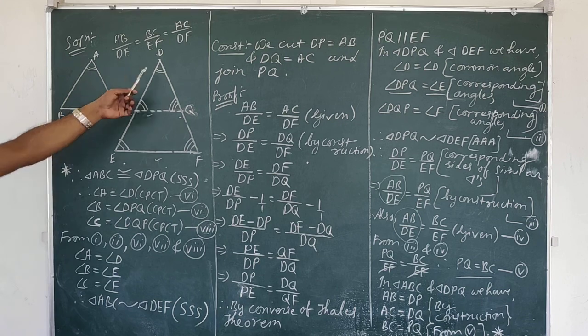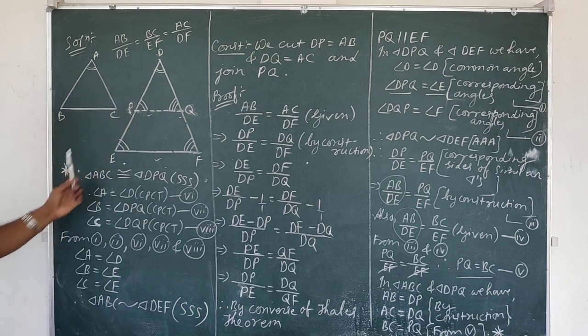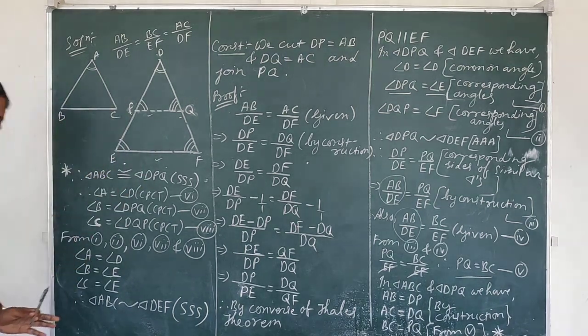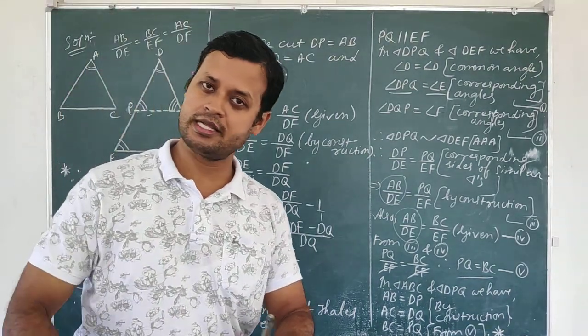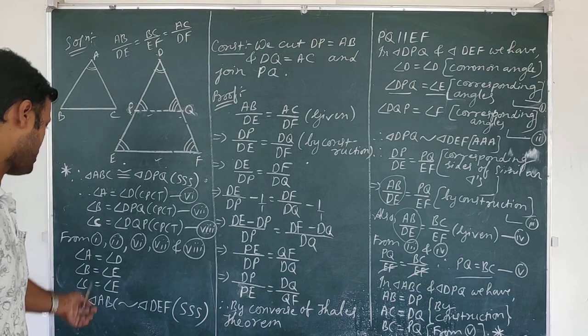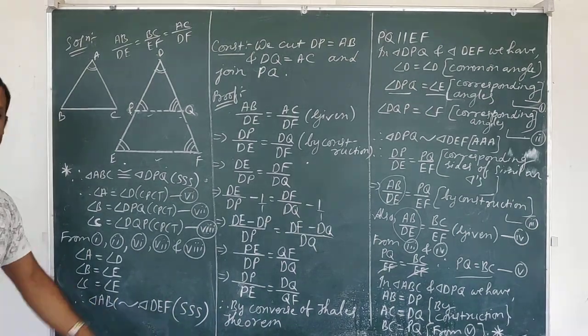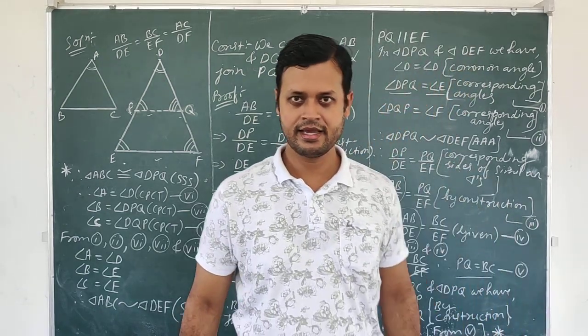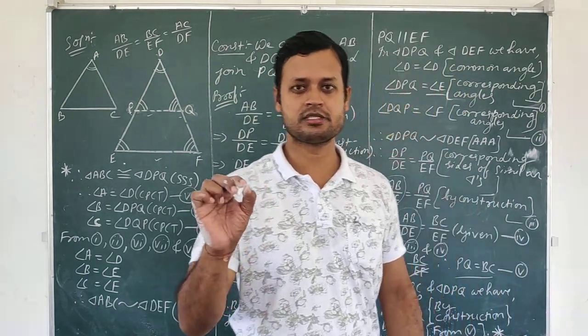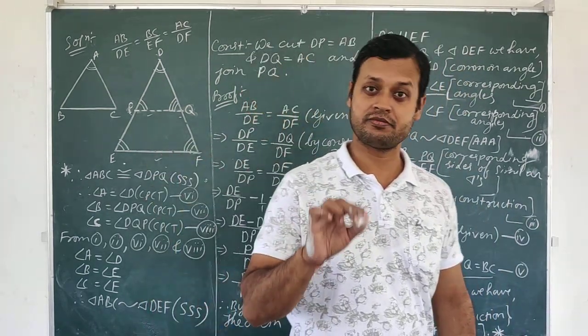So angle A is equal to D we got, angle B is equal to angle E we got, and angle C is equal to angle F we got. Therefore, the sides are already proportional, and now the angles are also equal. That means the two triangles will be similar according to side, isn't it? So practice these sums, note these things carefully and practice very nicely. Okay.